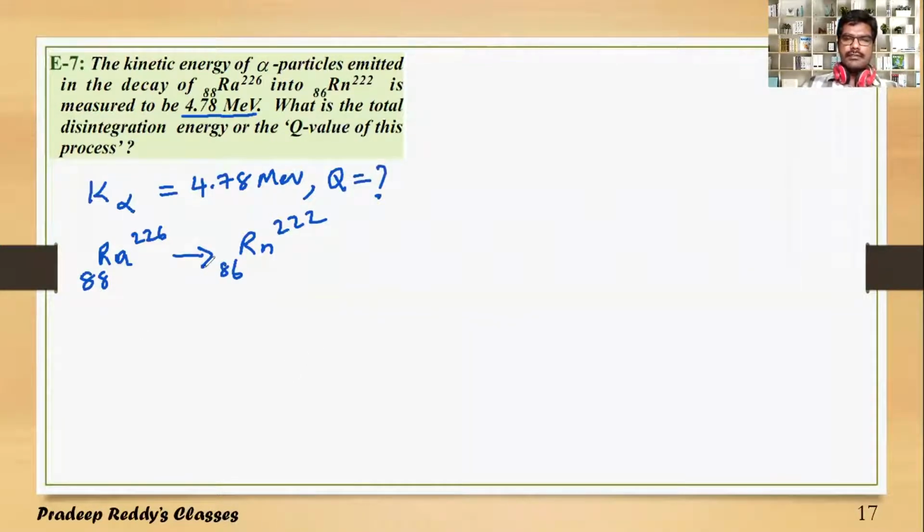Now, as there is a nuclear disintegration reaction here, first you should write down the nuclear disintegration reaction. It can be written as Ra 88 226 getting converted into Rn 86 222 plus He 2 4 plus Q. Because here 86 plus 2 is 88, the atomic number is balanced, and the mass number is 226; here it is 222 plus 4, 226, so the mass number is also balanced.